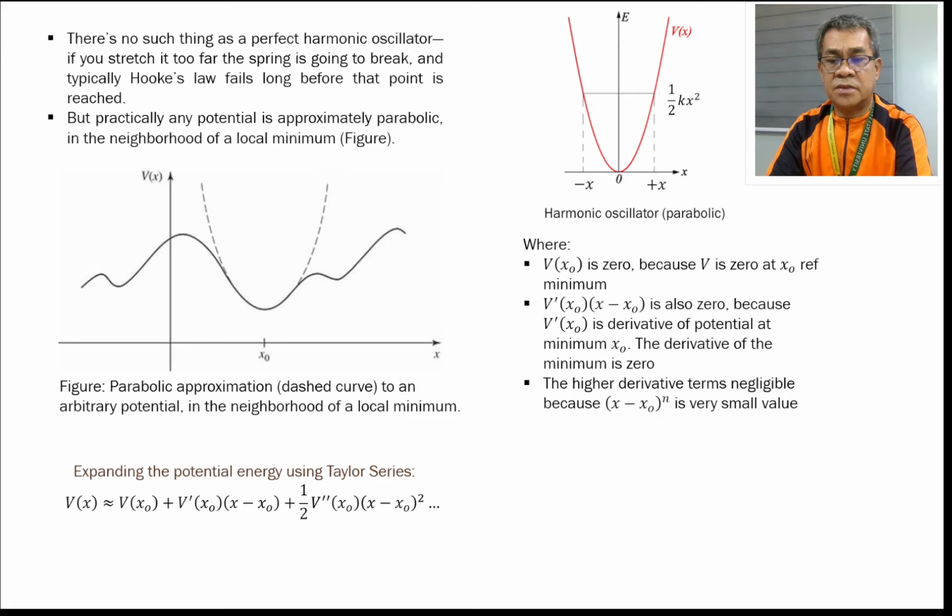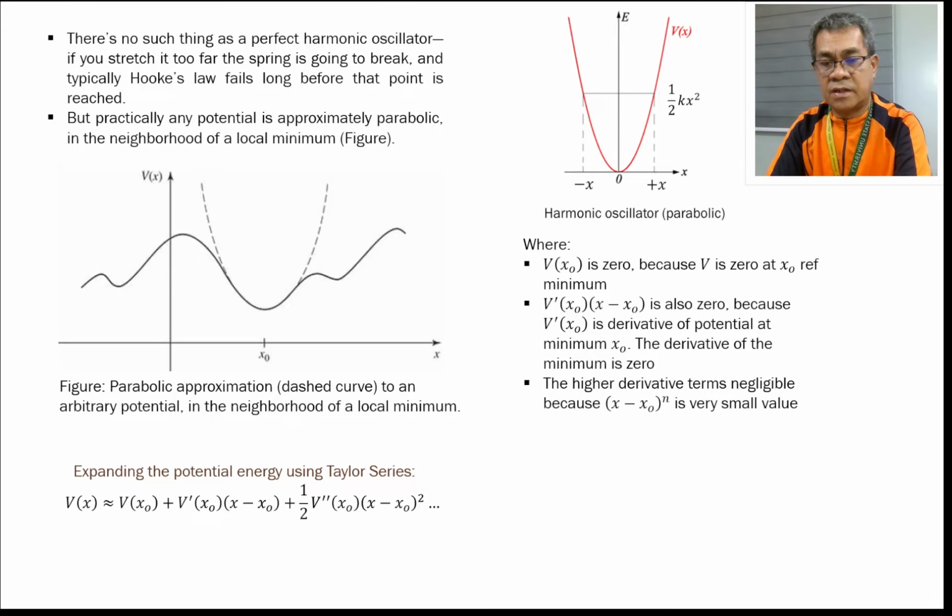The first order derivative of the potential energy, the second term, is also zero, because the derivative of the potential at the minimum, at x equal to x naught, is zero. So the first term and second term are equal to zero. The third order derivative and higher, beyond the second order derivative, are negligible because they are very, very small.